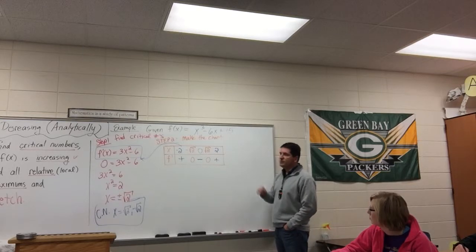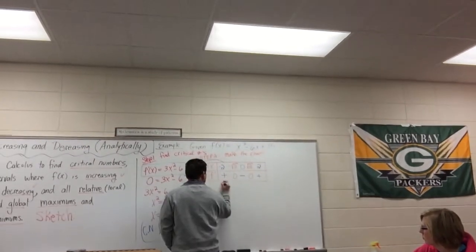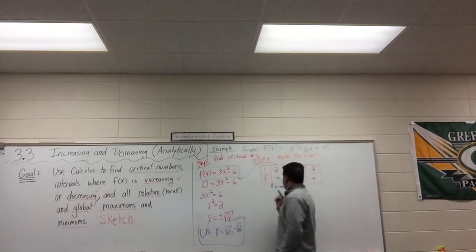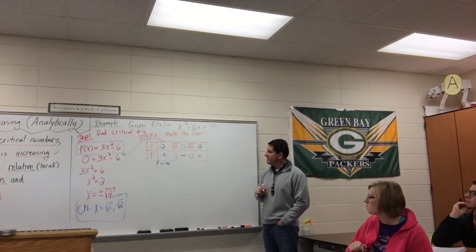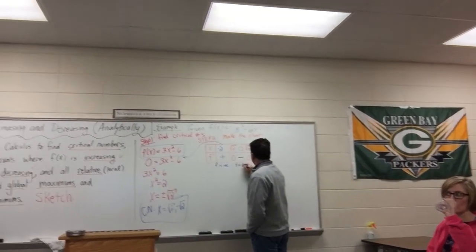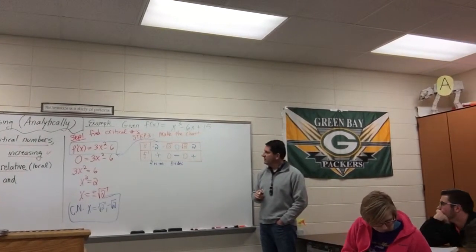So guess what? This little chart is pretty handy, because this is what it tells us now. It tells us that f is increasing here. F is decreasing here in that interval in the middle.